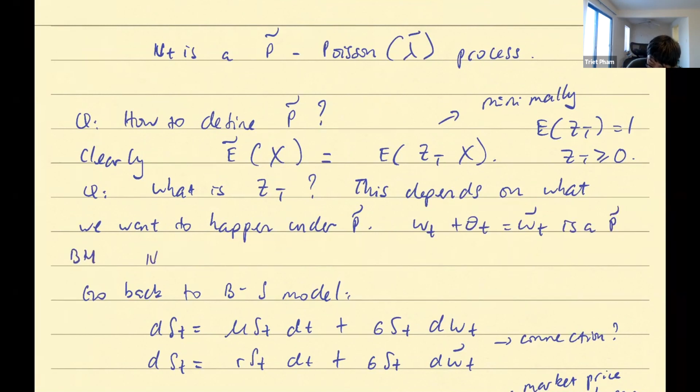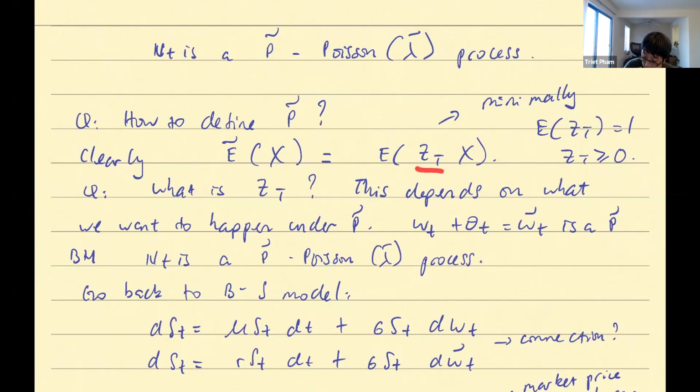And N_t is a P tilde Poisson lambda tilde process. This is my wish list. This is what I want.